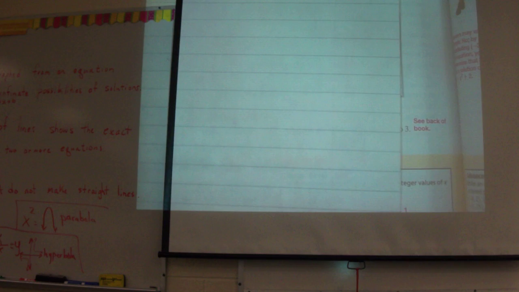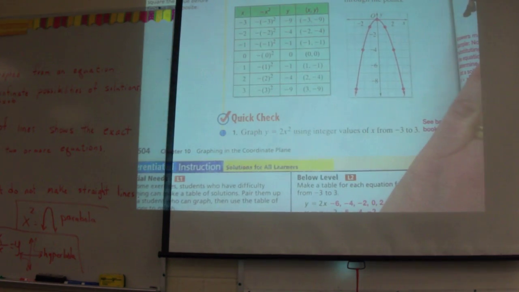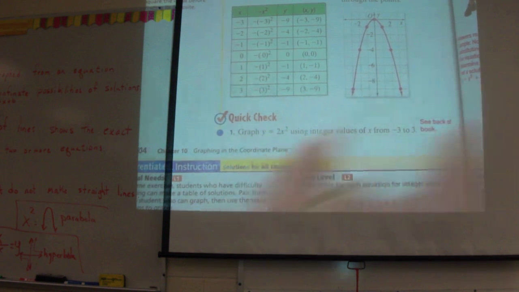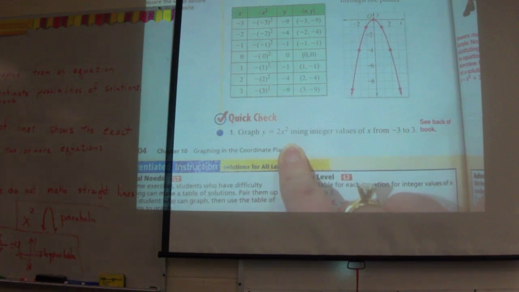Okay, now to start. Our first column is x. Second column is going to be the rule, which in this case is 2x squared. Then y, and then our ordered pair.